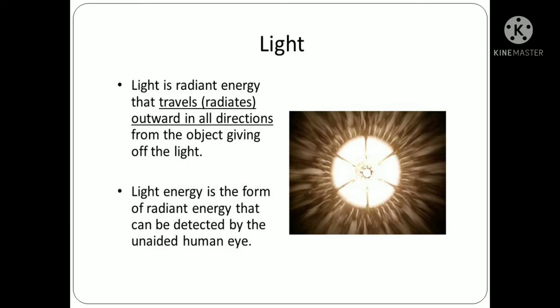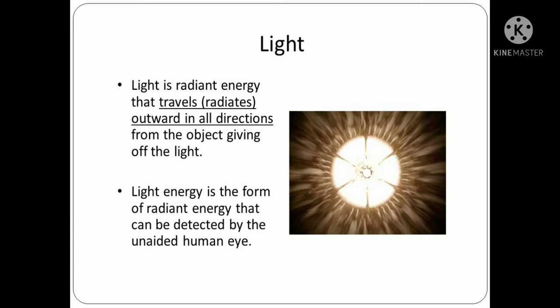The sun gives that energy to us; the light radiates to us in all directions. Light energy is a form of radiant energy that can be detected by the unaided human eye. So by the human eye we can see light.